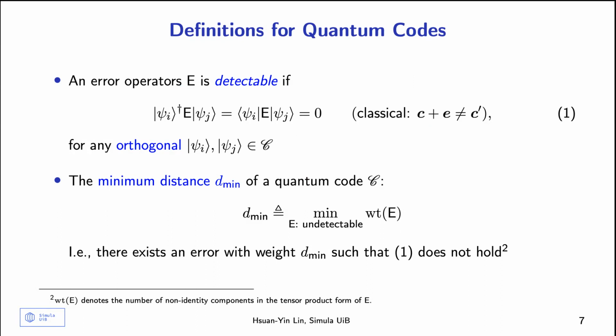Then this is the minimum distance in quantum, same as the classical world. It's just that you need to think about multiplication instead of addition. And the weight definition is just the number of matrix components which are non-identity. Maybe it's not clear here, but we'll talk about it more clearly later.